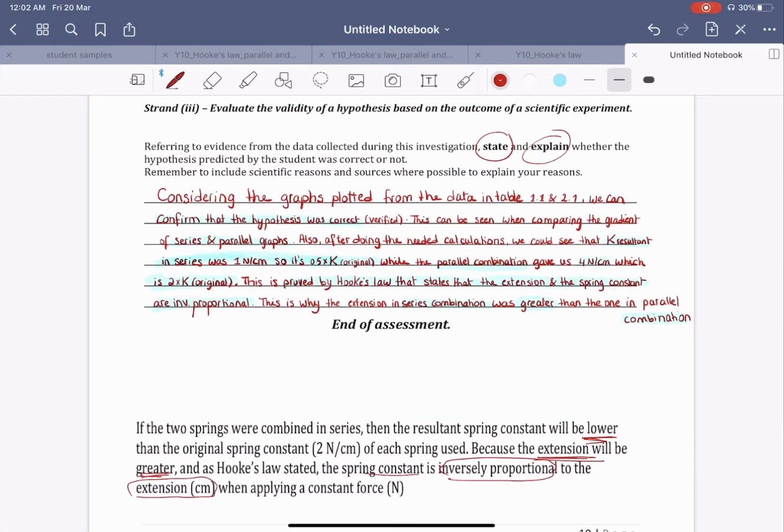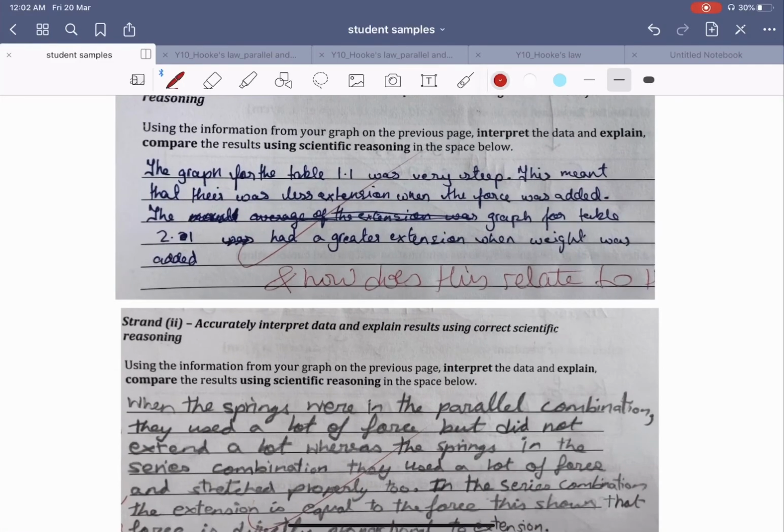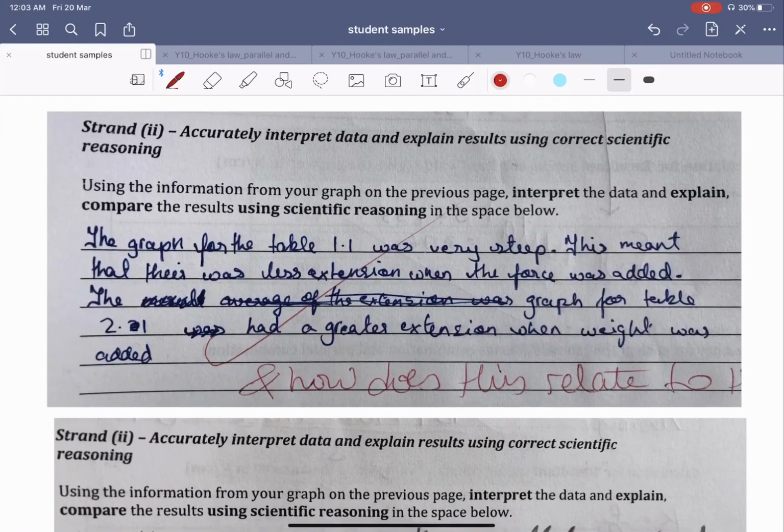Okay, so that's what the actual or the good answer would look like. Now, if I look over your answers, some student answers, you would see that almost everyone stated the correct thing scientifically. Like you were telling me how force affects the extension. I already know this. We've already done this in the Hooke's law experiment, and we know that it's correct.